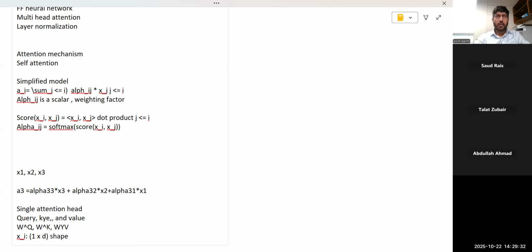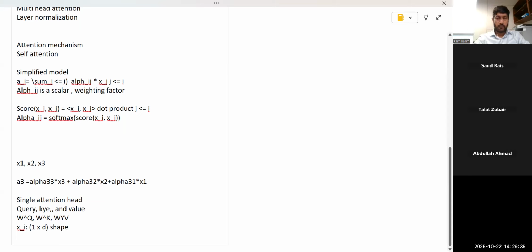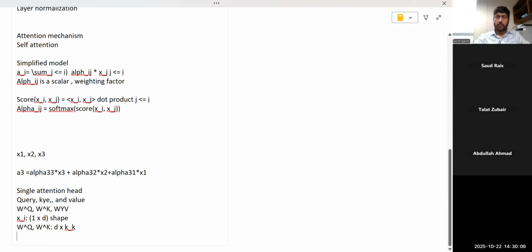Okay? So WQ, as well as WK, is in general a matrix, and its dimensions are D by dk. Here dk is another parameter which can be different from D or the same as D, but in most practical cases it is different, usually smaller than D. And then of course we are left with WV.